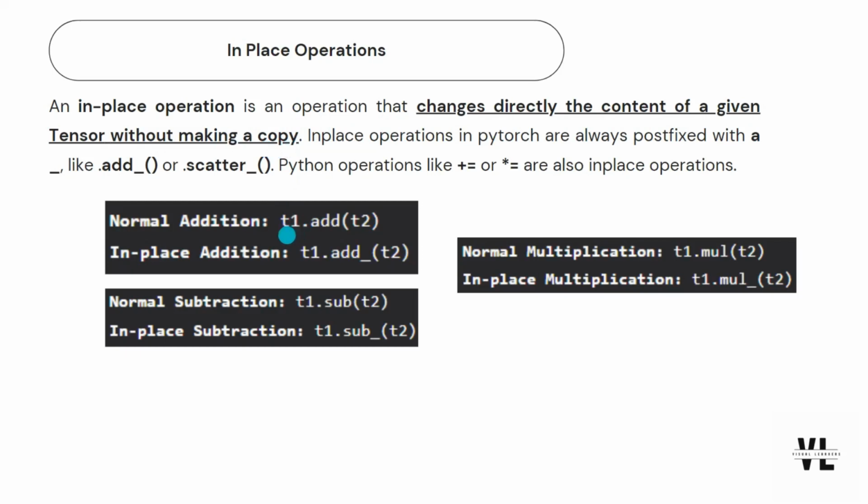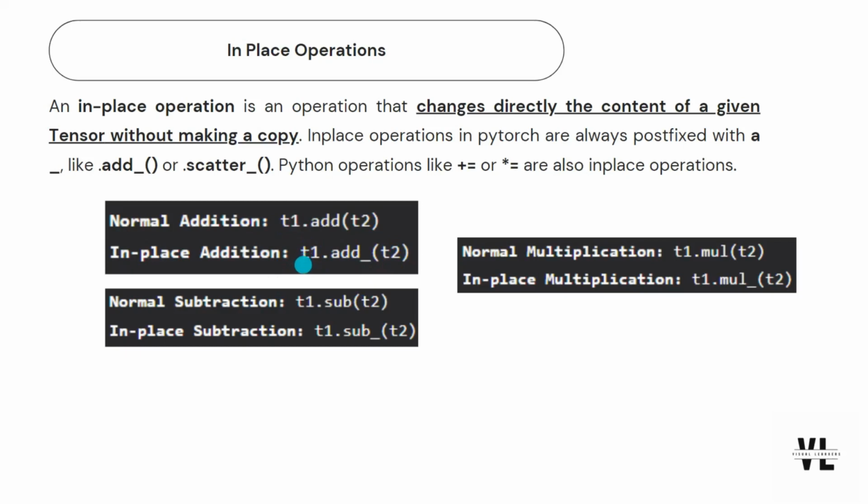When you add the tensors using the built-in functions, it's basically creating another copy in order to store the output between these two operations. But when you add an underscore, this is saying that instead of creating a copy to put the output, it's going to add the second tensor on the first tensor in place without creating another copy.